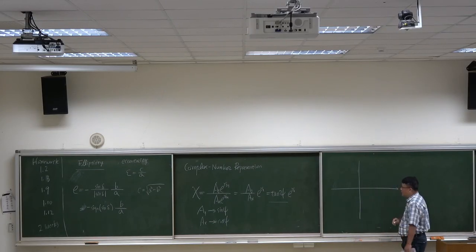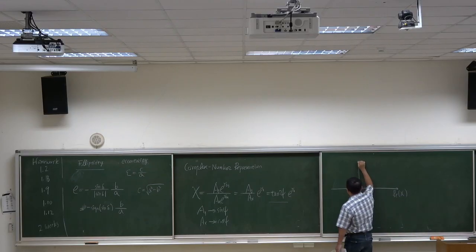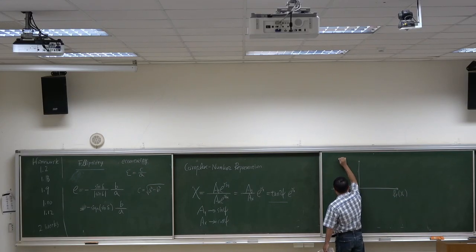This is the chi plane. This axis is the real part of chi, and this axis represents the imaginary part of chi.